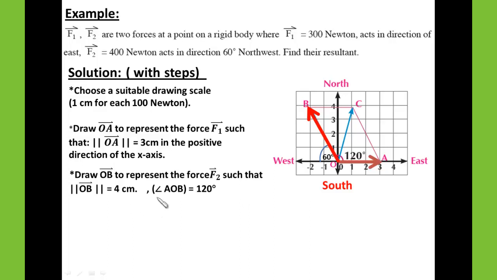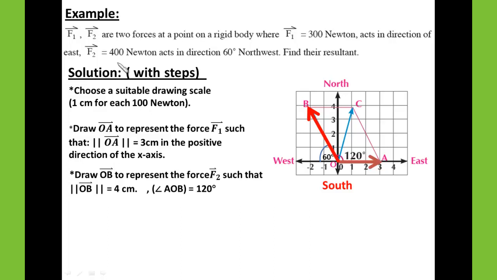So the measure of angle AOB equals 120 degrees. Note that the sum of 120 plus 60 equals 180.